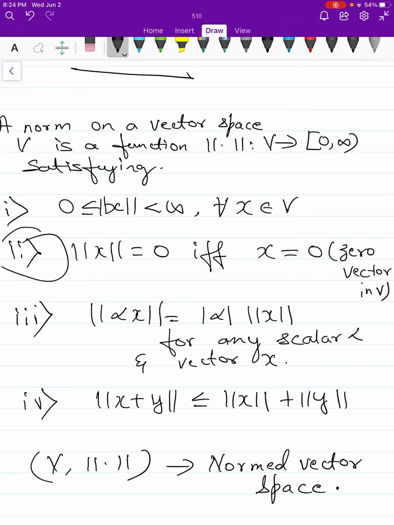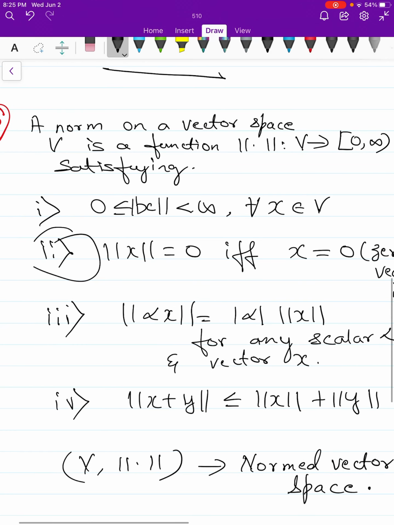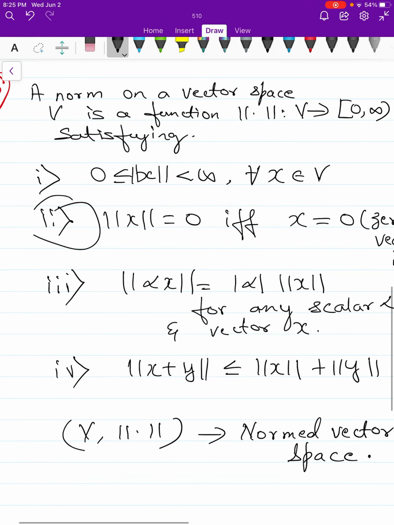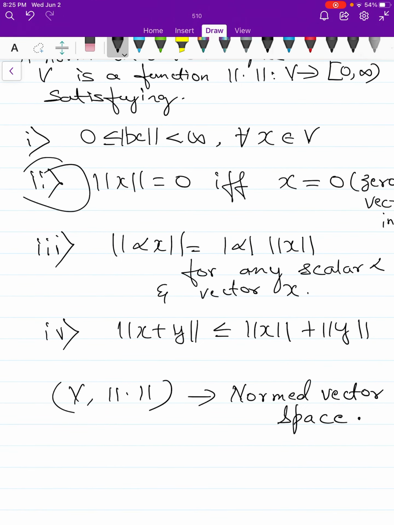It is easy to see that any norm will induce a metric on V. Just like you have the discrete metric, which is obvious, there is an obvious norm also.